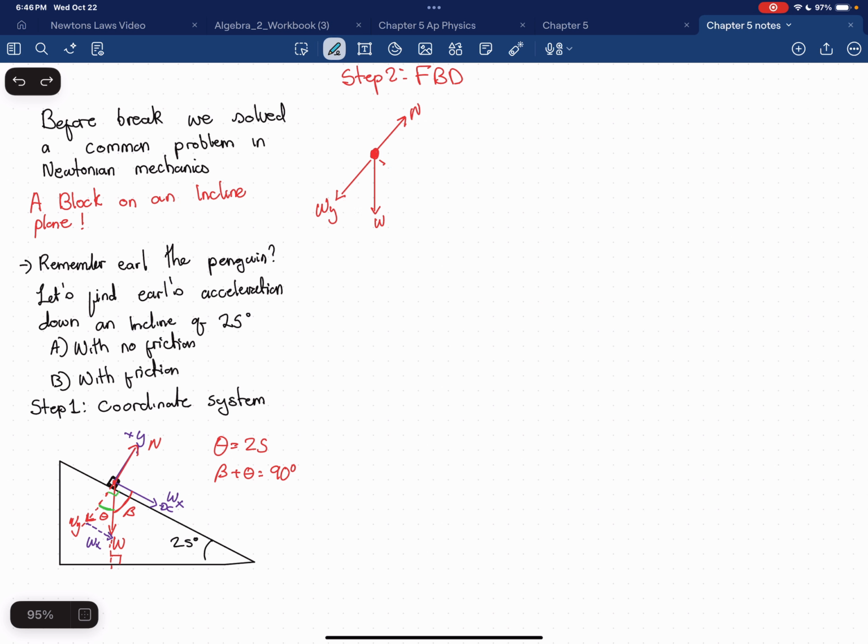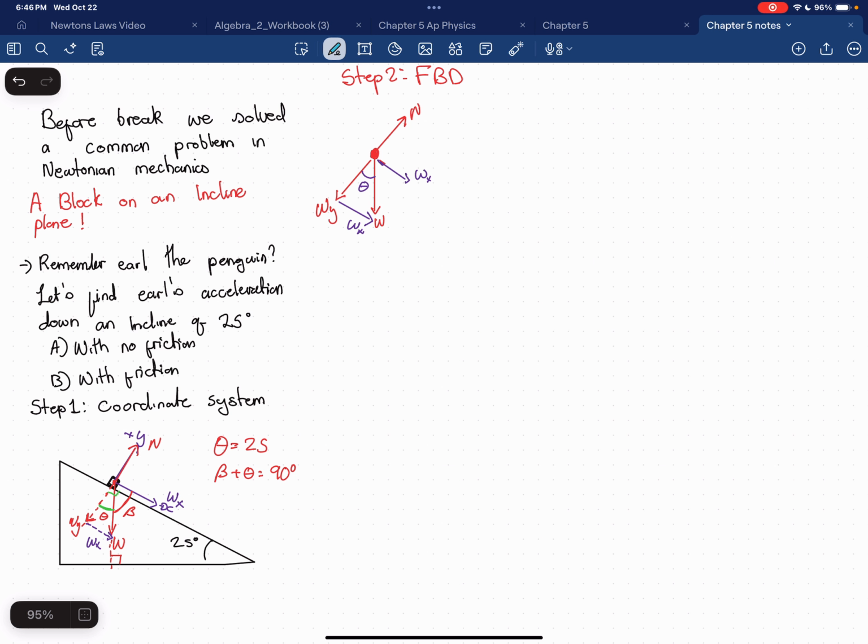So if I change my color to purple, if I connect these two lines, these are the same line, the vectors, and this right here is omega x, all right, and that's my theta. So that's my triangle. That's my free body diagram for my block on an inclined plane.